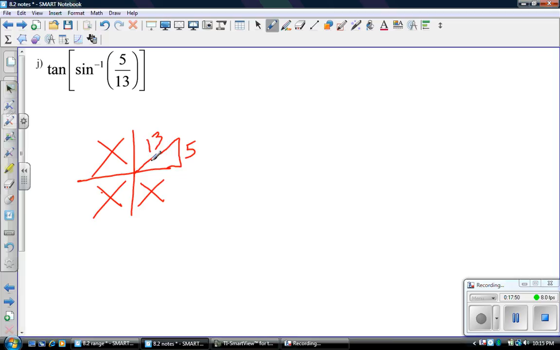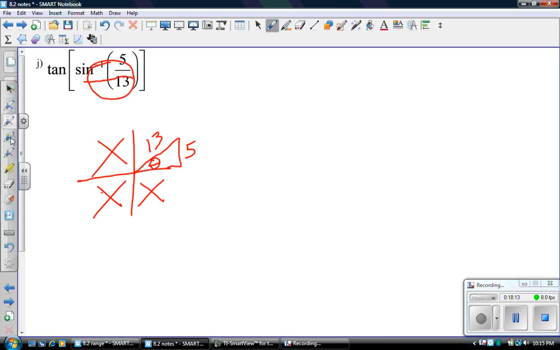Now, I don't care what this angle is. I can call it theta, I can call it happy face, I can call it whatever the heck I want. I don't care what it is, because all I'm going to do is take that angle, theta, and I'm going to do the tangent of that angle. Well, I already know where I am on the unit circle. Well, this isn't actually a unit circle, but I know where I am. I'm at this 5 over 13 spot.